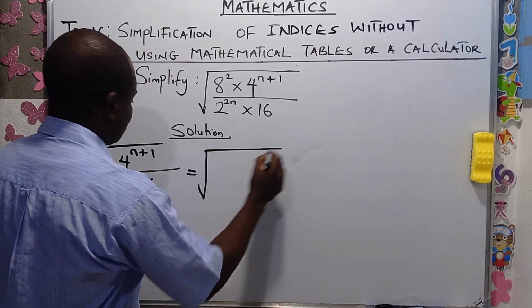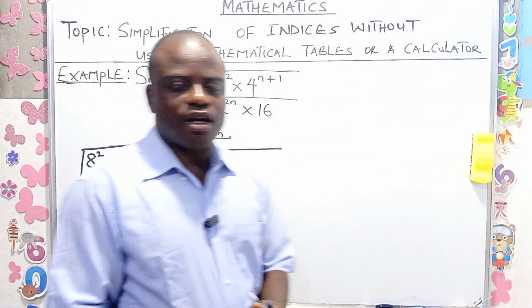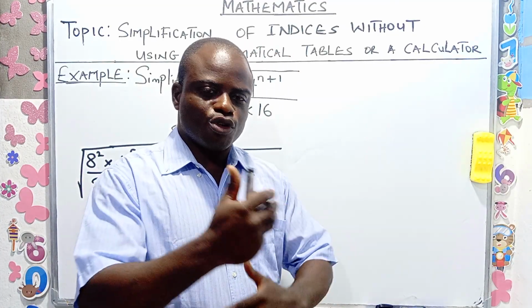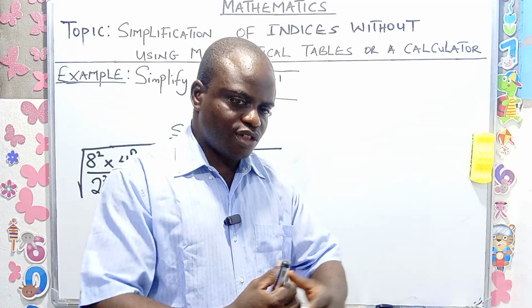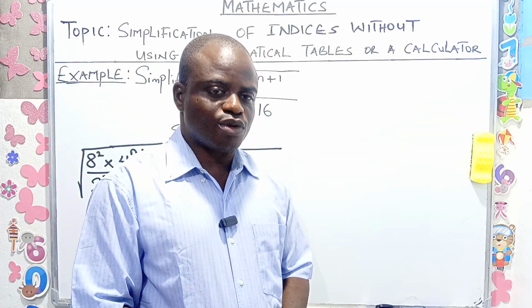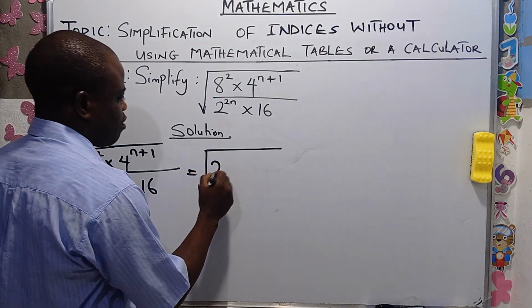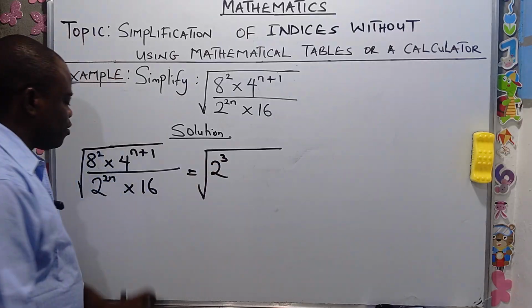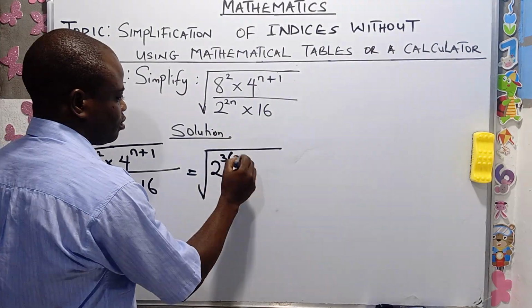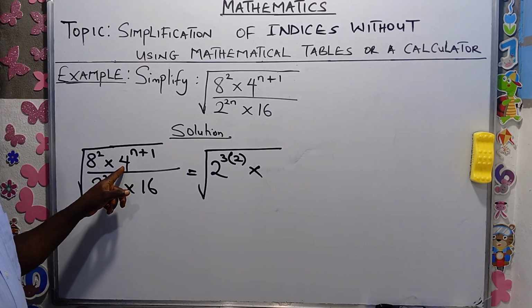Equals to square root of 8, which is the same thing as 2 raised to power 3, multiplying 2 in 3 places. 2 times 2 times 2 will give you 8. Now write 2 raised to power 3, put it in brackets, times the next one, 4.